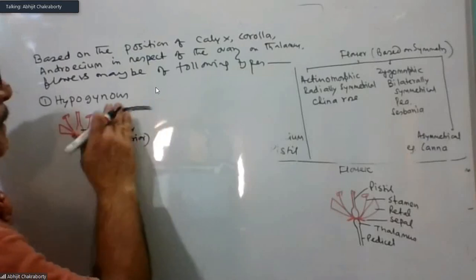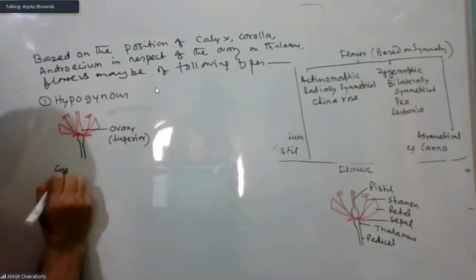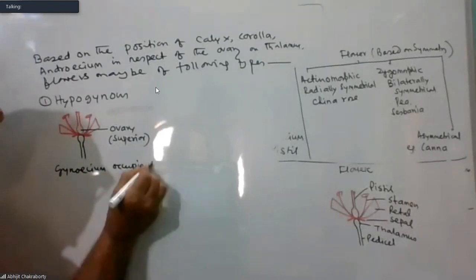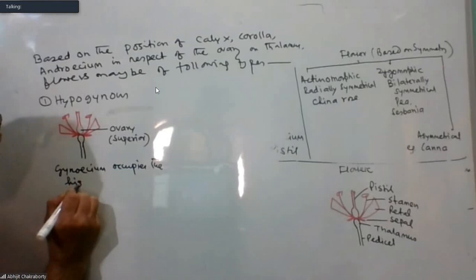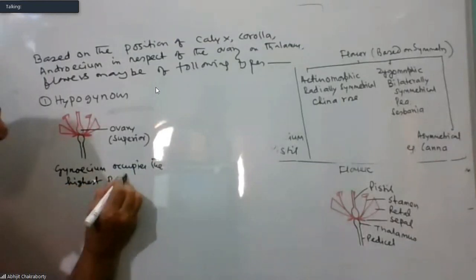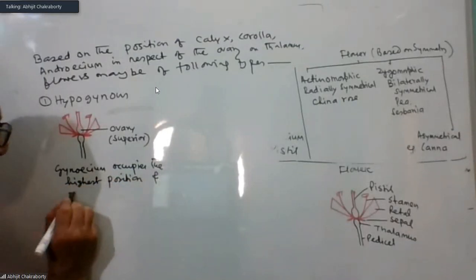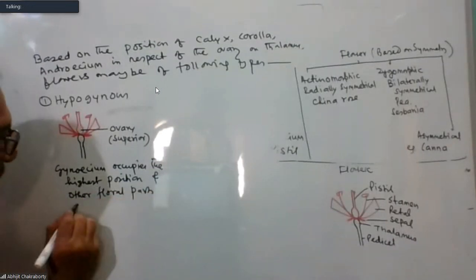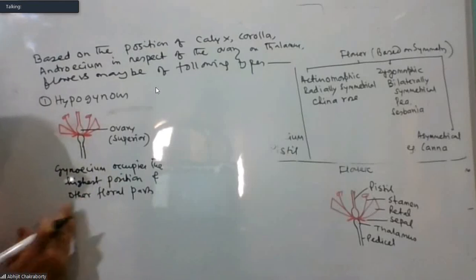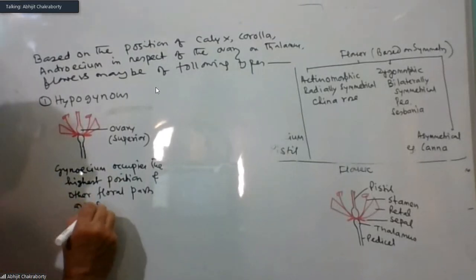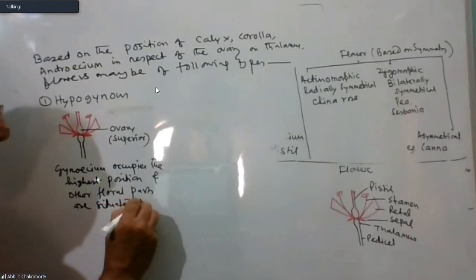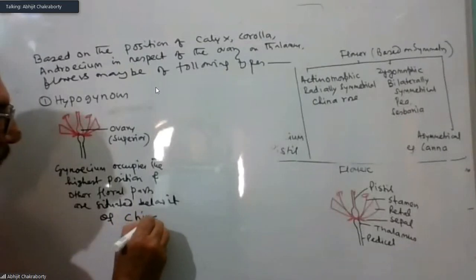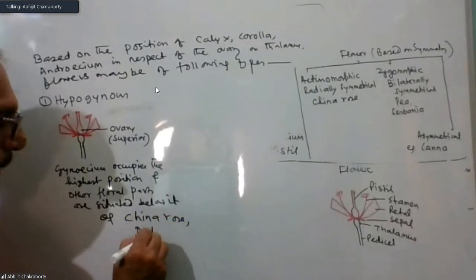Gynoecium, and other floral parts are situated below it. Example, China rose, datura.